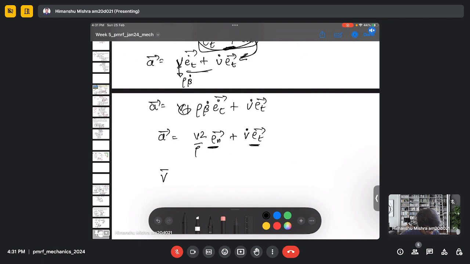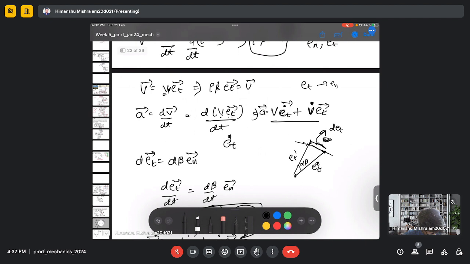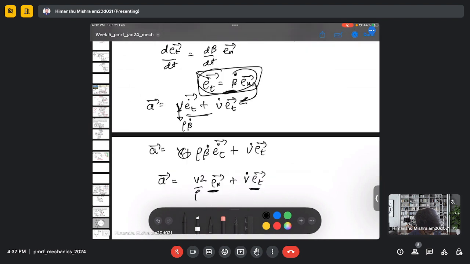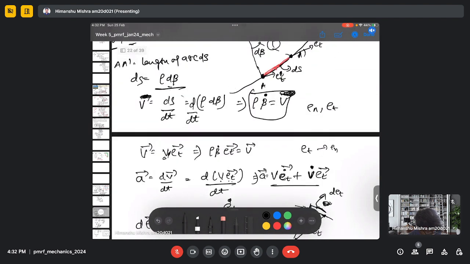And the velocity vector can be completely given by this quantity.